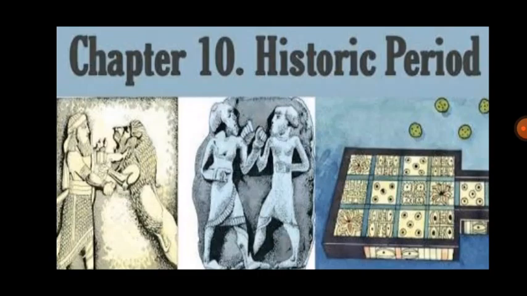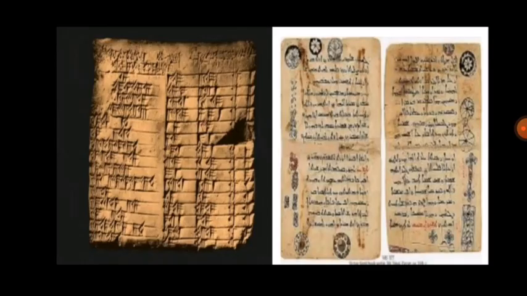We have seen in Lesson 2 that written records are available in the form of inscriptions, manuscripts, books, etc. for the historic period. In all ancient civilizations, the art of writing was developed. They used fully developed scripts.